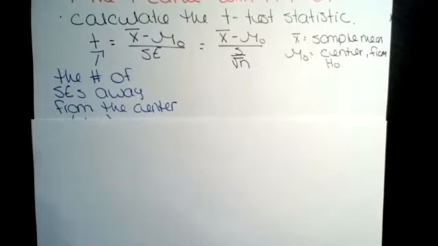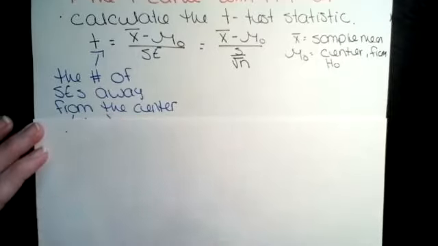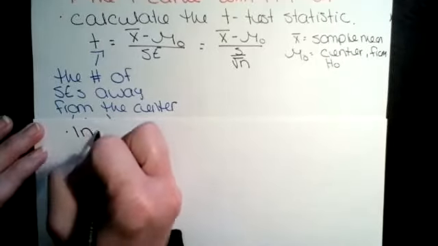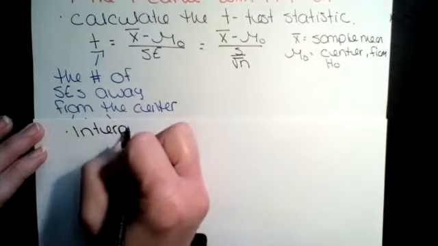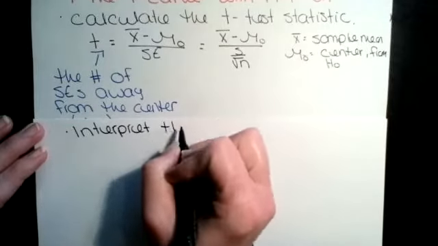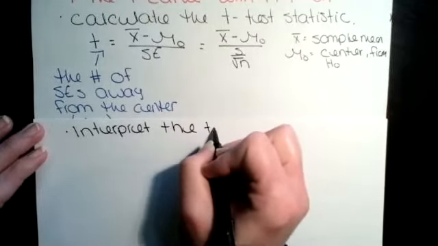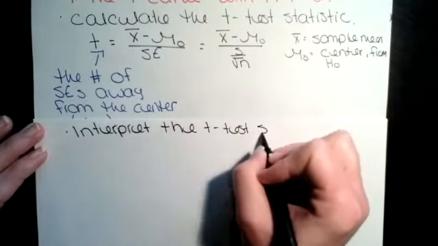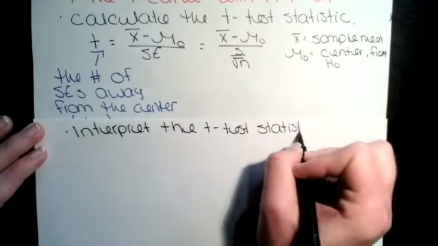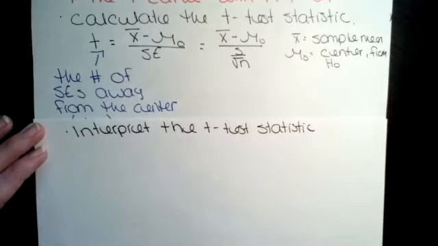It's telling me how many standard errors my sample is from the center, mu naught. Okay, so when we interpret it, that's all we're going to say. I'm just going to say, okay, we're going to interpret the t-test statistic. So we calculated it, and now we're going to interpret it.